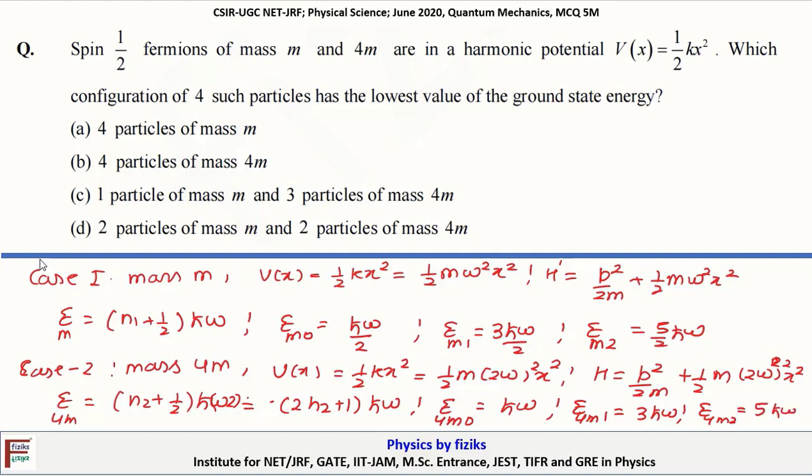Now we just see the distribution of these 4 particles according to the question.